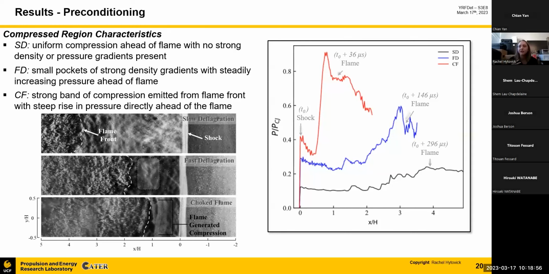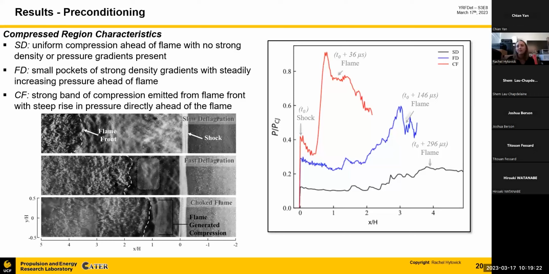We wanted to really know the differences between each of those regimes going up to that: the slow deflagration, the fast deflagration, and then the choked flame. And so the first thing we wanted to do is, as we were seeing these pressure measurements increase ahead of the flame in choked flames, or right before we would transition to a detonation, we wanted to understand the compression coming off of them and how that would play a factor into the results that we were actually seeing, and if we could tie those together.